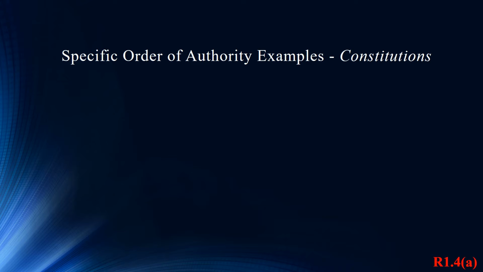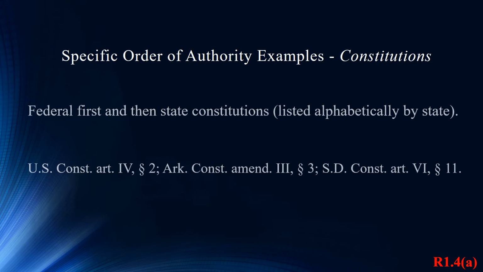Let's begin by looking at specific order of authority examples within constitutions. Remember that federal constitutions go first, and then state constitutions follow and are listed alphabetically by state. Take a look at this example. This citation includes a string citation to 3 different constitutions: the U.S. Constitution, the Arkansas Constitution, and the South Dakota Constitution.